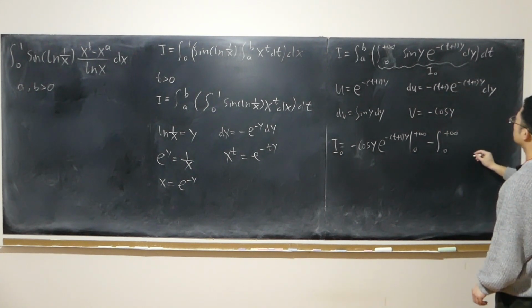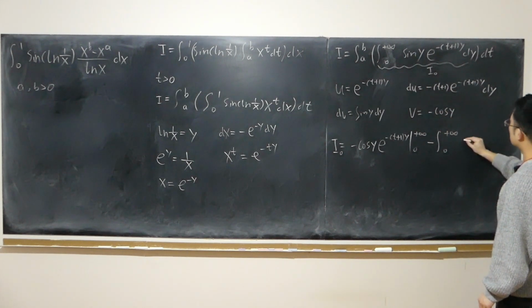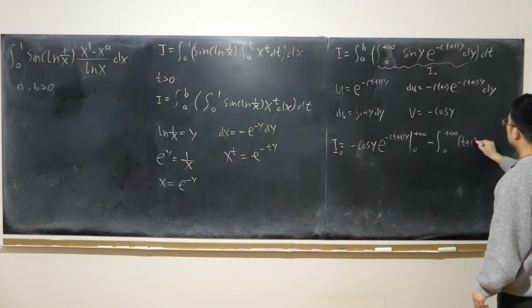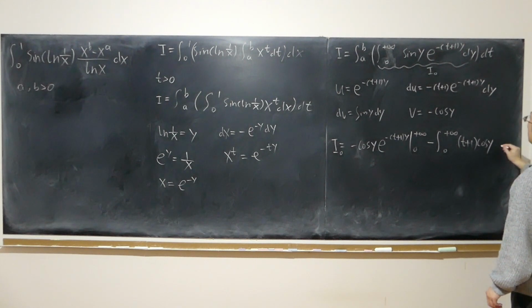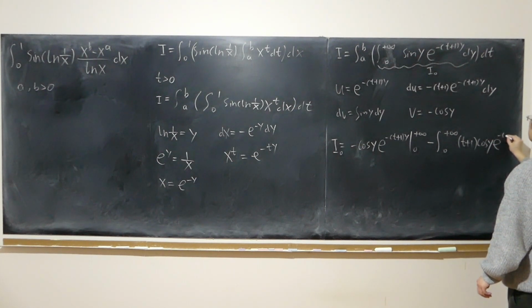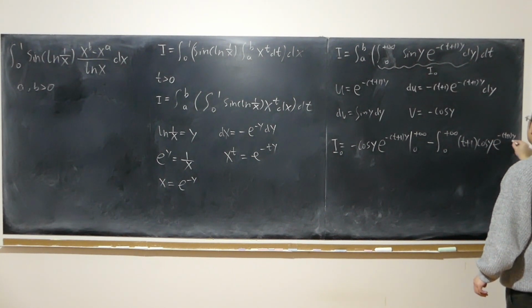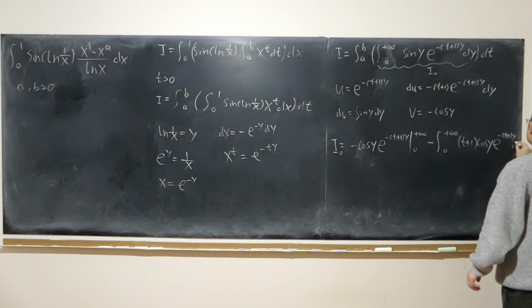Negative gone, t plus 1 constant, t plus 1 times cosine y e to the negative of t plus 1 times y dy.